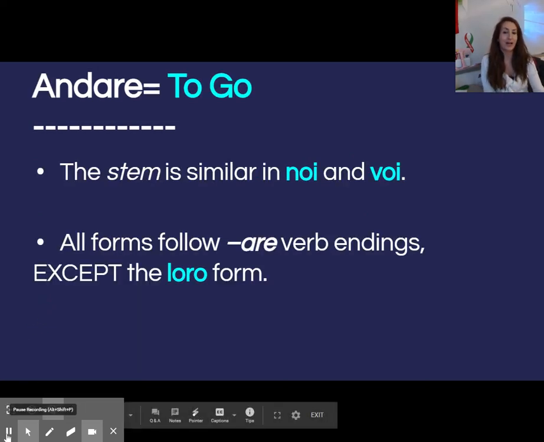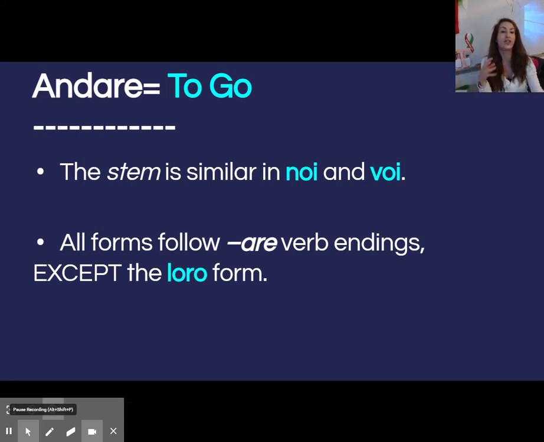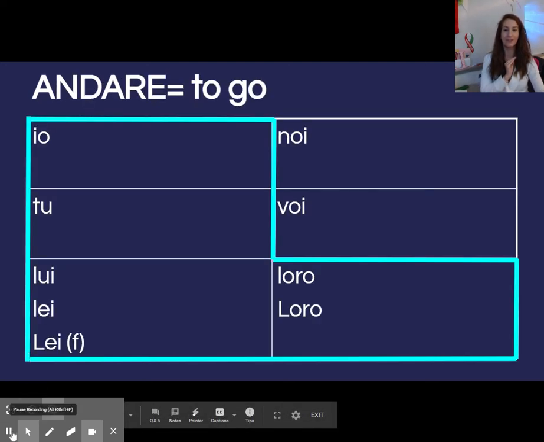Moving on adesso to il verbo andare, which means to go. Now, the stem here is similar in the noi and voi form. So the stem, A-N-D, it is similar in noi and voi. All forms follow ARE verb endings except the loro form, but that'll look familiar, vi ho promesso, I promise you. So again, we have our verb conjugation box.